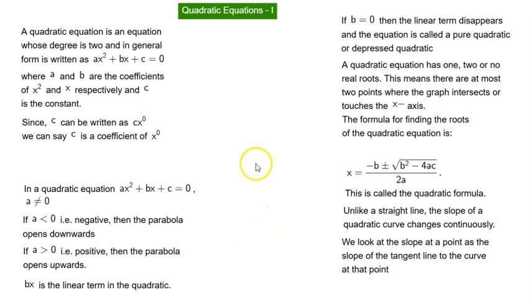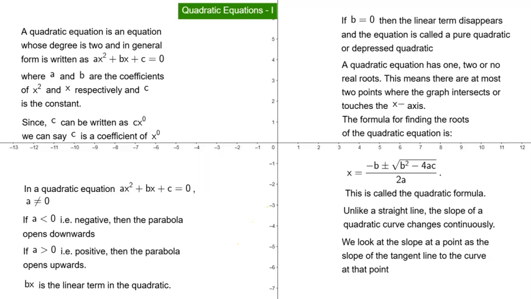Okay, so let's draw the graph and see. So let's draw the graph of ax square plus bx plus c, where a is 1, b is minus 1, and c is 1. So here, if you notice, it is above the x-axis.